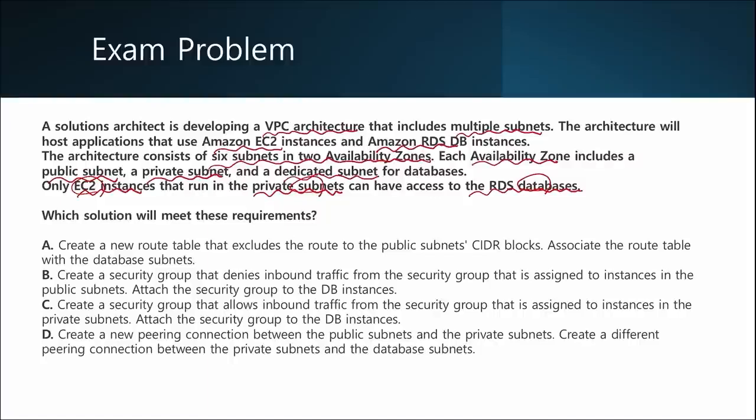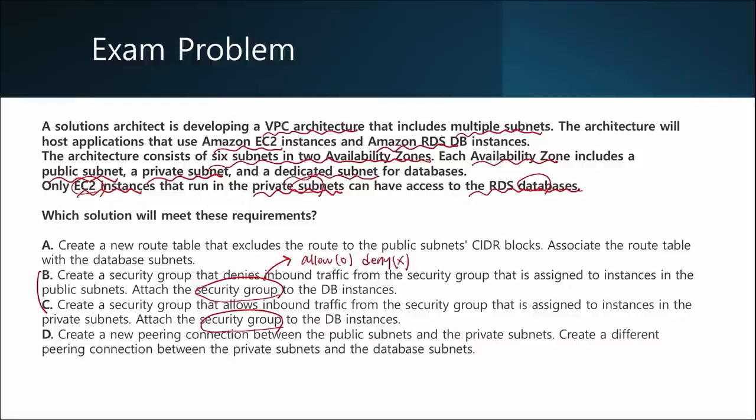The service that allows you to set up a firewall at the instance level is called a security group. Now let's take a look at the options with the security group. There are 2 options, B and C. But when we talked about security groups, we said that only allow is possible. We said that deny is not possible.